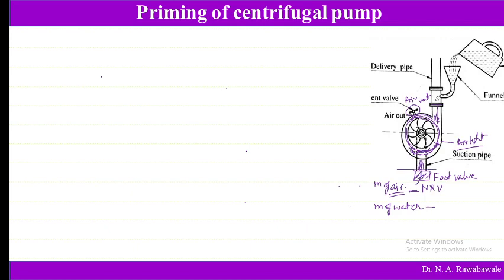If air is present, if we do not prime this pump, the head developed is in terms of meters of air column, and that head, because of the lower density of air, is not sufficient to suck the water. If we fill the casing of the centrifugal pump and the suction pipe with water, then when we start the pump, the pressure head developed is in terms of meters of water, and that head is very, very high compared to the head developed in terms of meters of air.